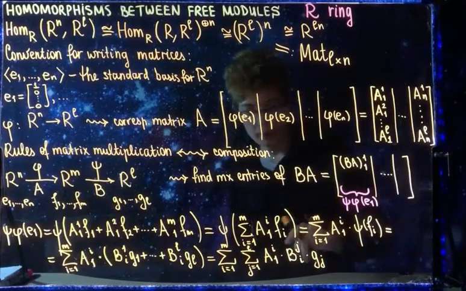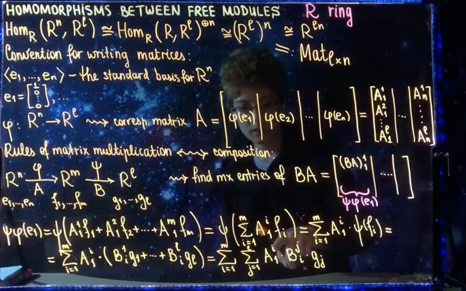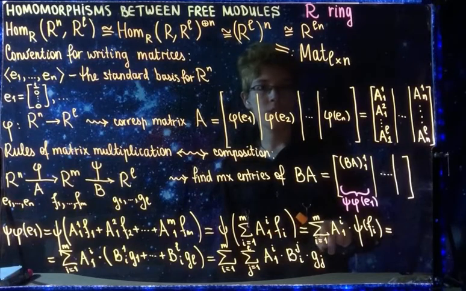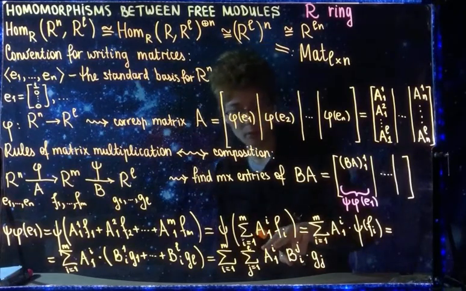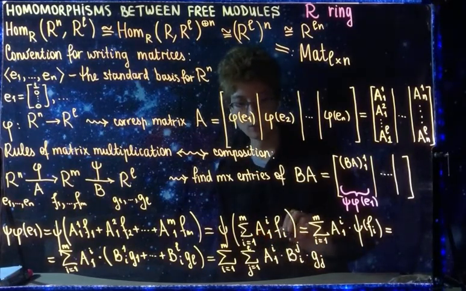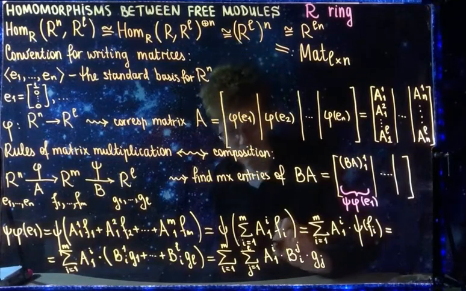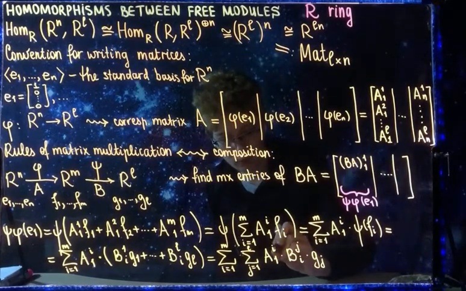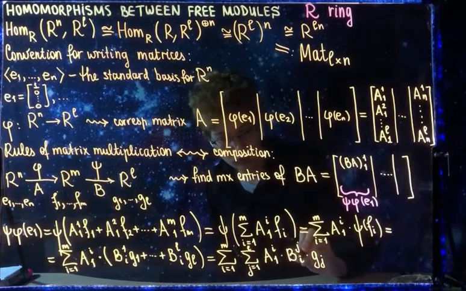For those of you who have seen Einstein's index notation, I chose the positions of the indices in such a way that when I sum, the index which I sum over appears on the top and on the bottom.